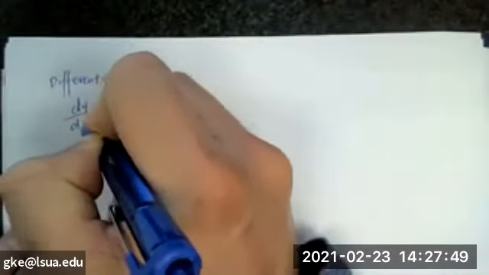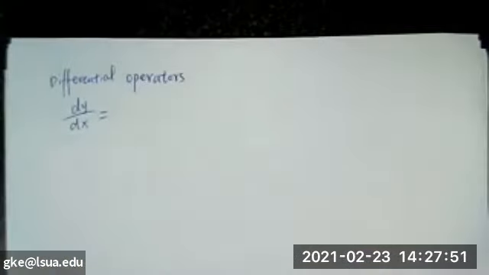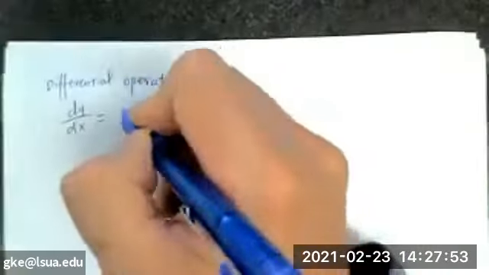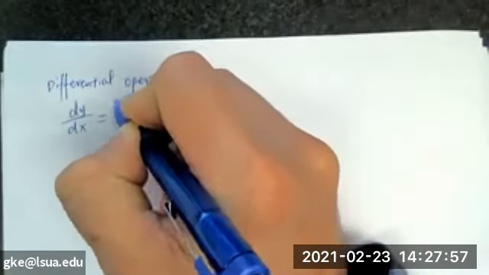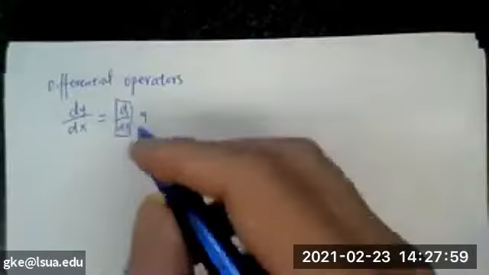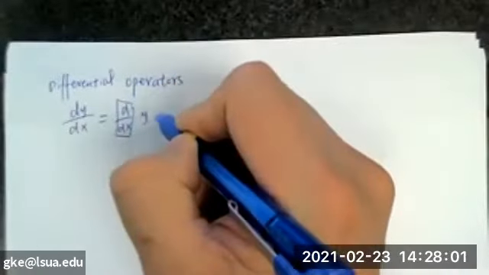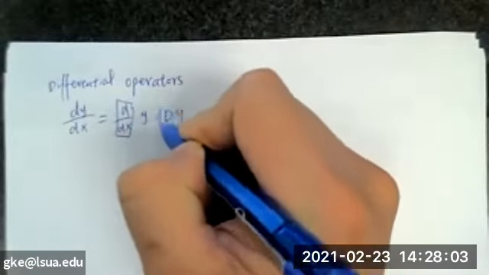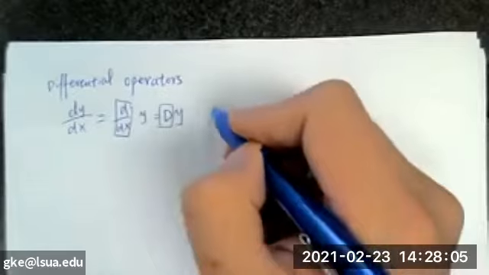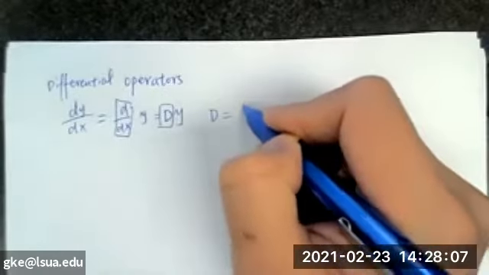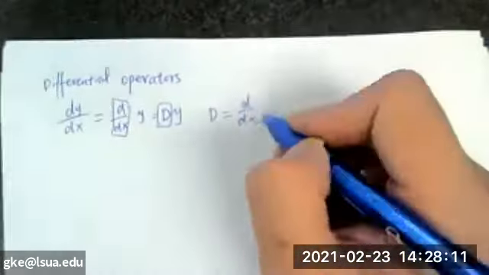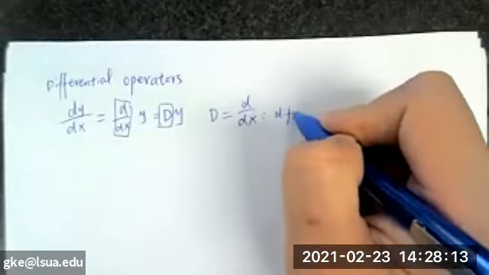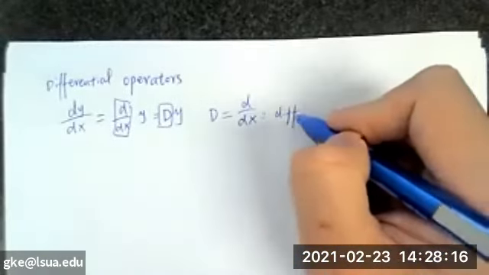If I write down dy over dx, and this part, we can use the capital D, okay? And the D is d over dx. We call it the differential operator.